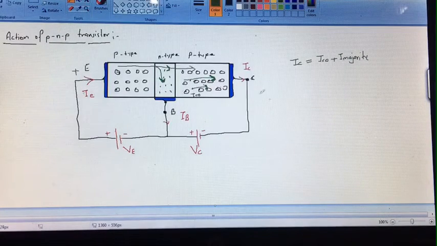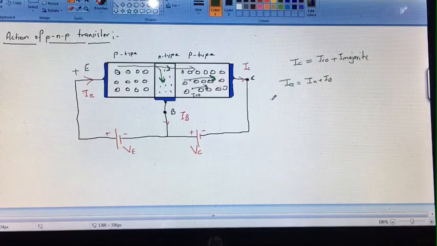Now from these terminals we are applying Kirchhoff current law, then IE is equal to IC plus IB, where IC is equal to majority current due to majority charge carriers plus reverse leakage current.